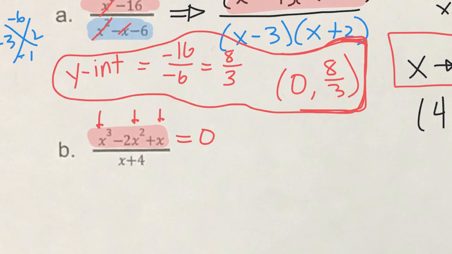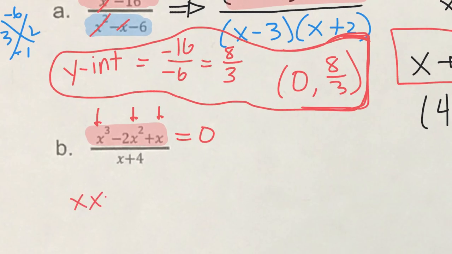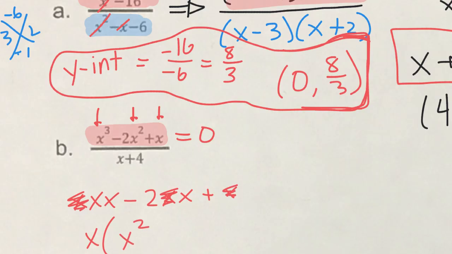So let's see, this is x times x times x minus 2x times x plus x. So in solving, our first thing to do is find the common factors. They all have an x in common. So that leaves me with x squared minus 2x and then a plus.